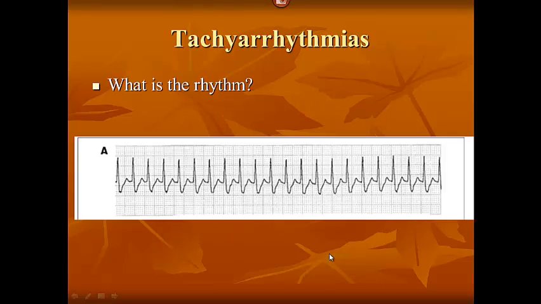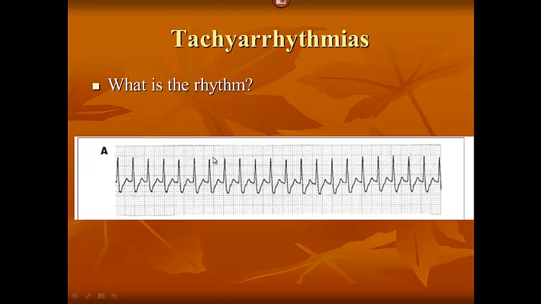So what type of rhythm do you have here? If you basically measure the heart rate, for example, try to get this one, which is very aligned with a thick line. So if we do 300, 150, 100, and you discount, if it's 50, okay, 300, 150, 100.